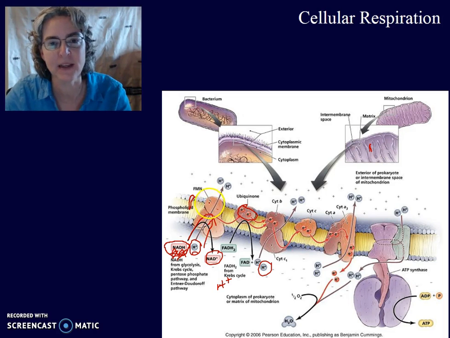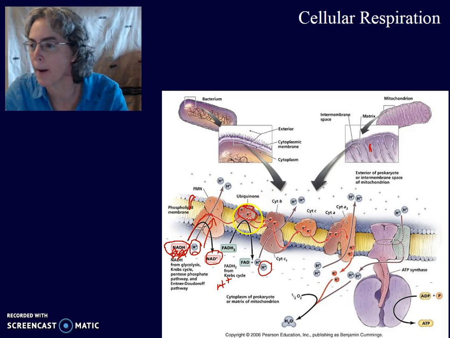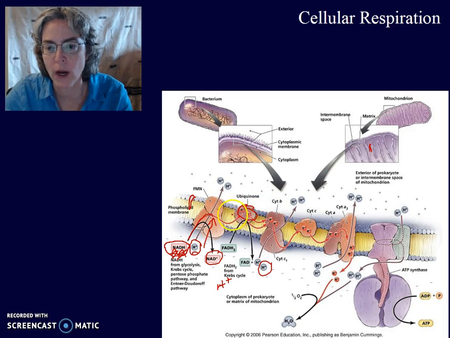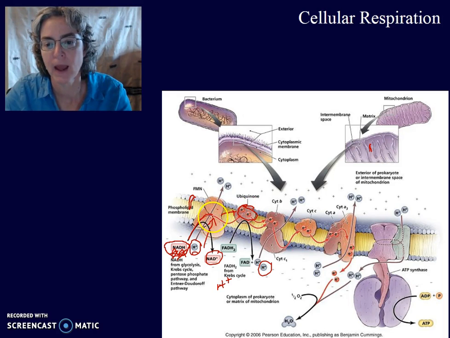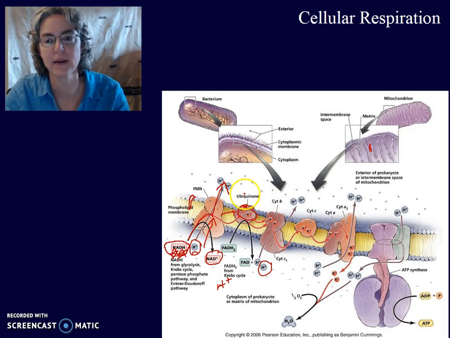At the last minute, they're fooled because this protein right here, called ubiquinone, a mobile carrier, will come over and take those electrons away. And the hydrogen ions get transported to the other side of the membrane. So this whole system right here is for transporting hydrogen ions across this membrane.